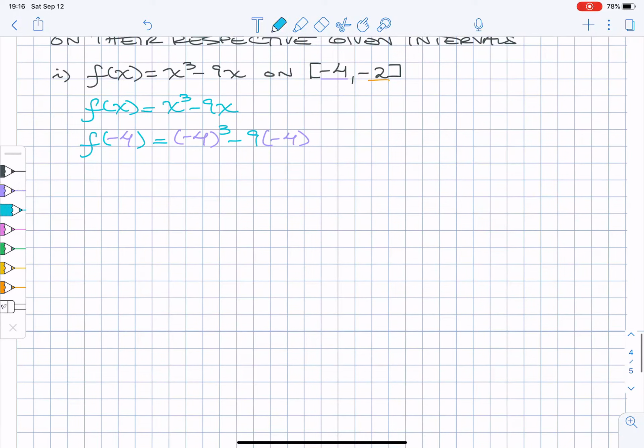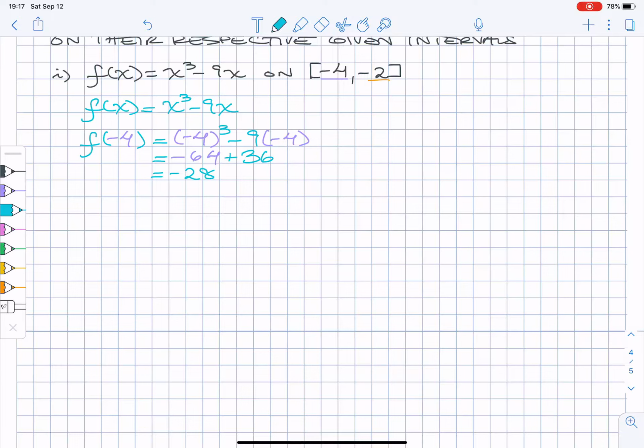Okay, so what does that give us? -4 cubed is -64. And this will be plus 9 times 4 is 36, right? Okay, so what's the difference? If it were 66 that I were subtracting, then that would be an even 30. But it's 64. So the difference between 64 and 36 is 28, -28.